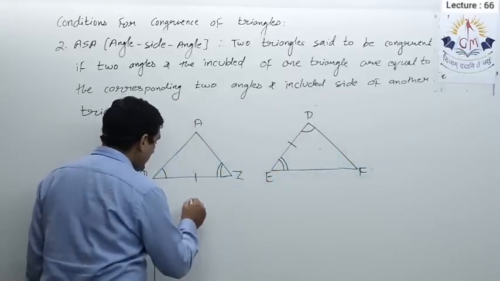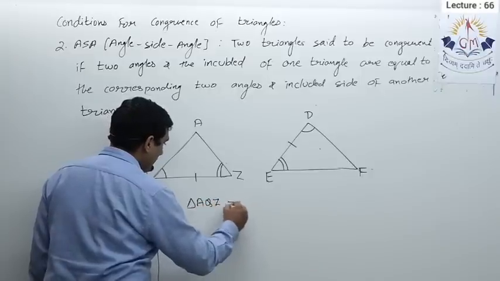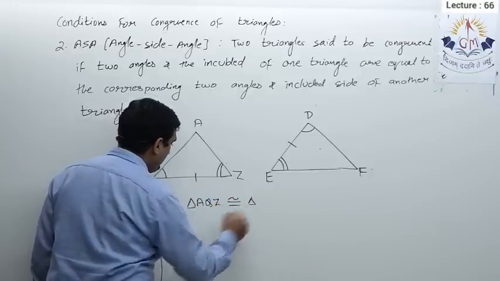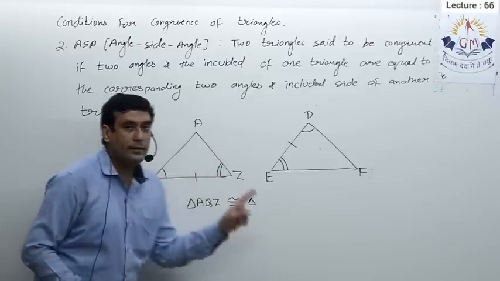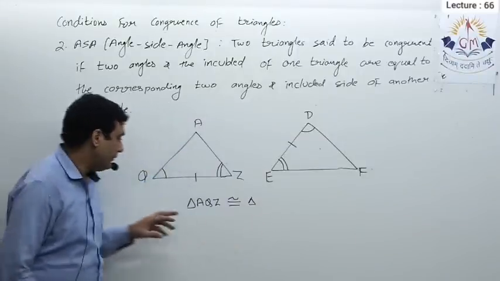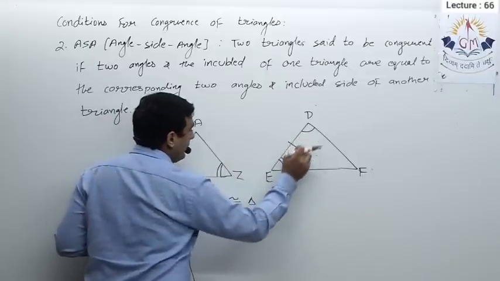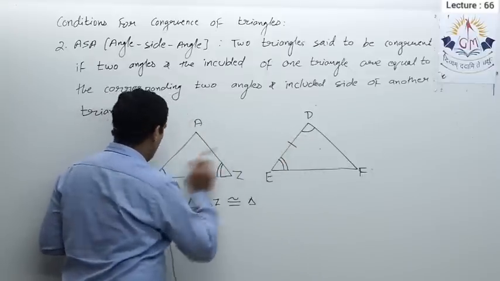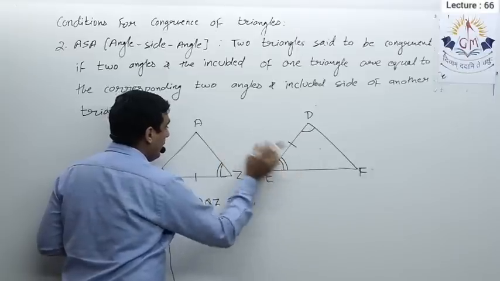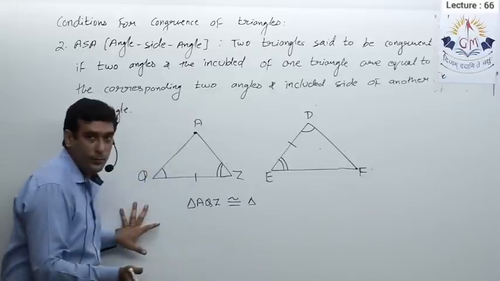So if I write triangle AQZ, that should be congruent to triangle. Now when two angles are there, it is quite easy to write the correct order. See, Q equal to D and Z equal to E. Obviously A will be equal to F by the angle sum property.